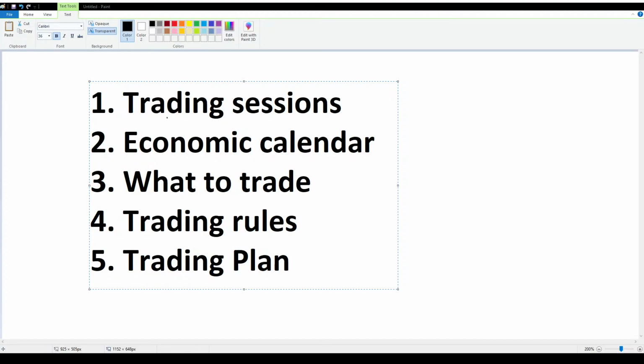So what is the economic calendar? It's basically a schedule that you see online, and it highlights all the different news events that can potentially have an impact on the market. The economic calendar is very important because it highlights the different events that can have an impact on the market.